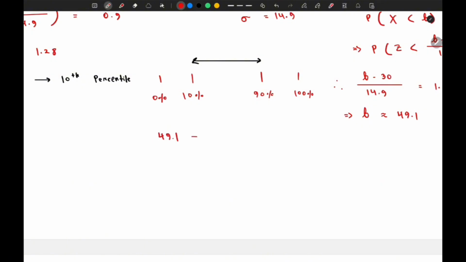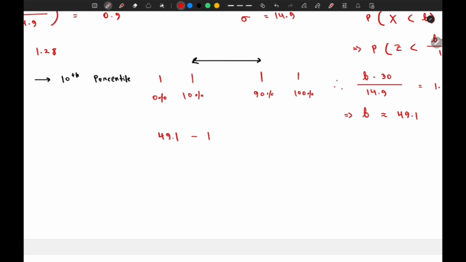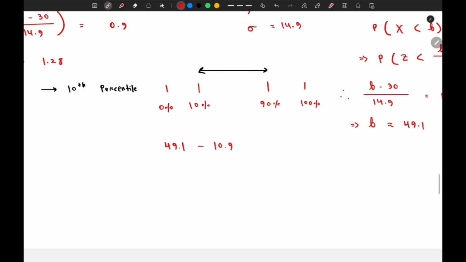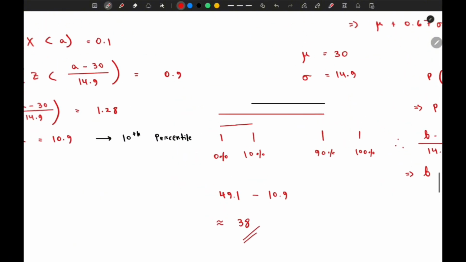And at 10% the value is 10.9. And we need to subtract these two values, because 10% represents this length and 90% represents this length. We actually need this length. So this is equal to about 38. So that is the answer for this part.